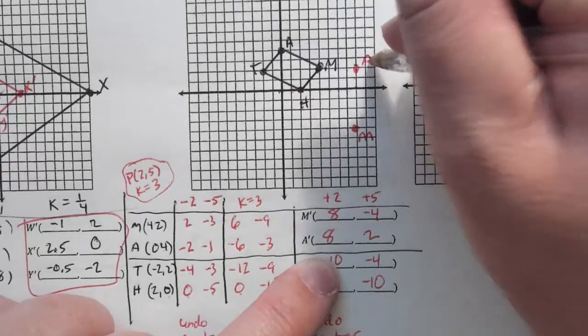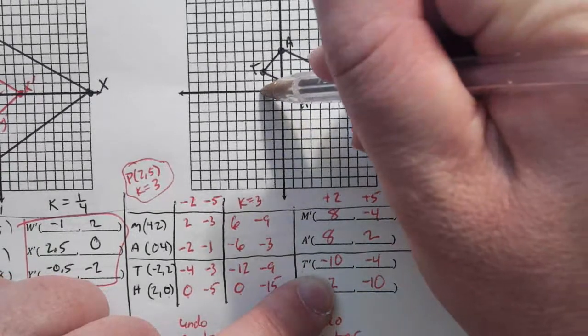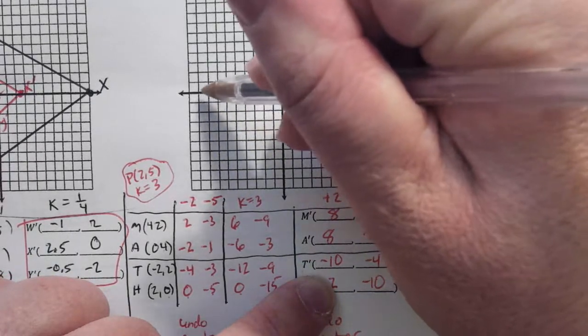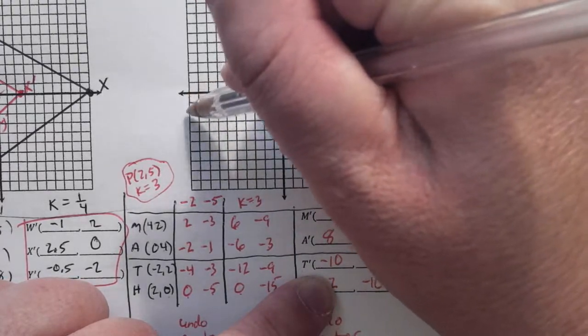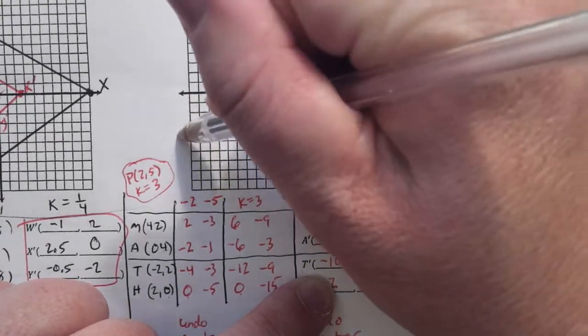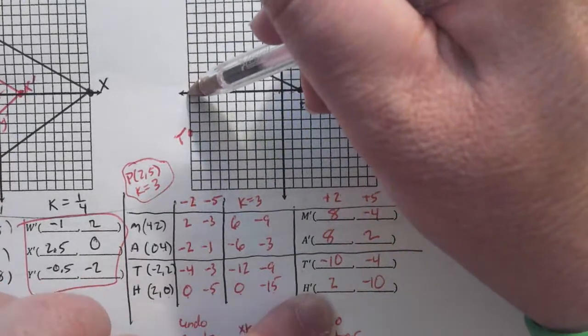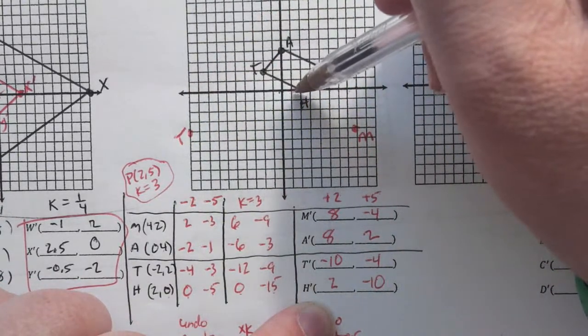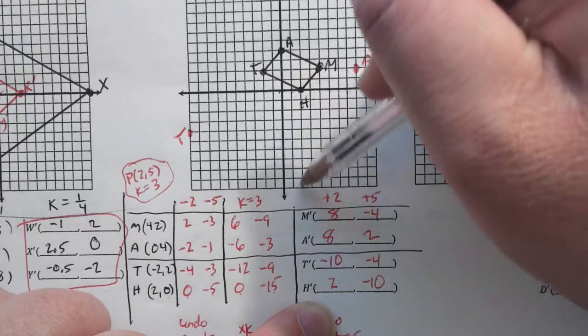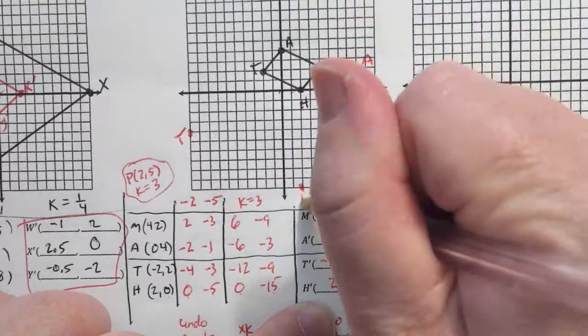Okay, that's your A. Negative 10. 1, 2, 3, 4, 5, 6, 7, 8, 9, 10. Negative 4. 1, 2, 3, 4. Just go with me, guys. And positive 2. Negative 10. There's your H.